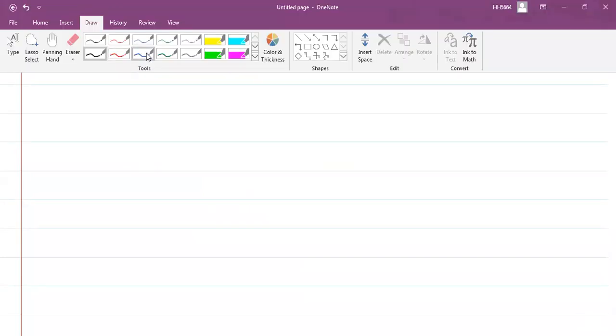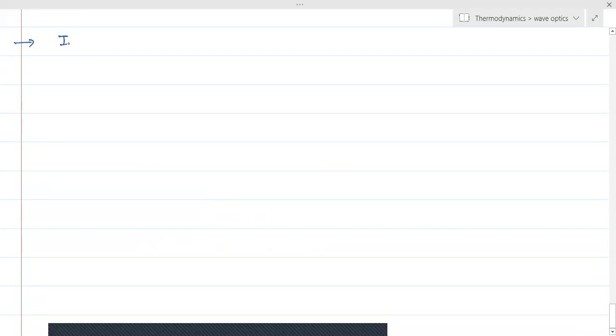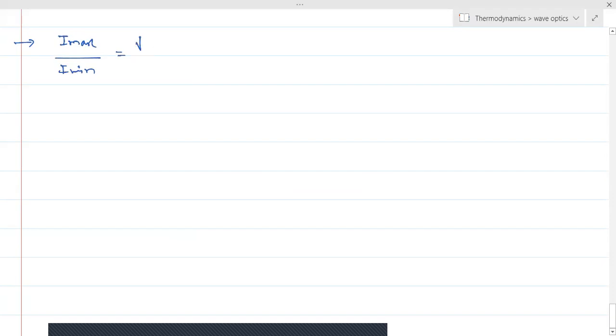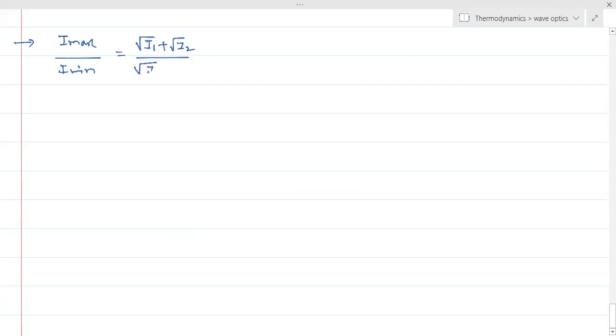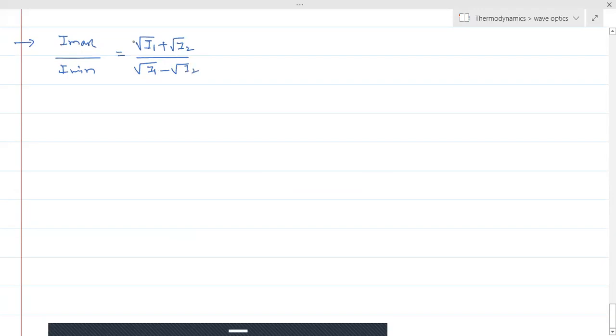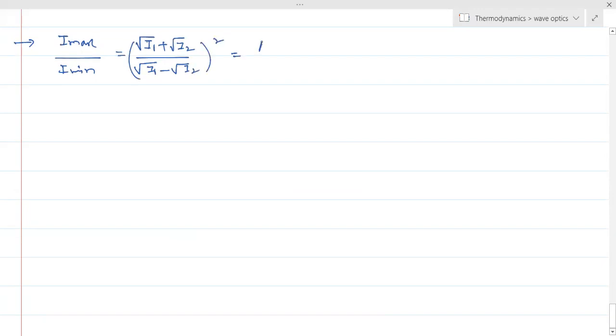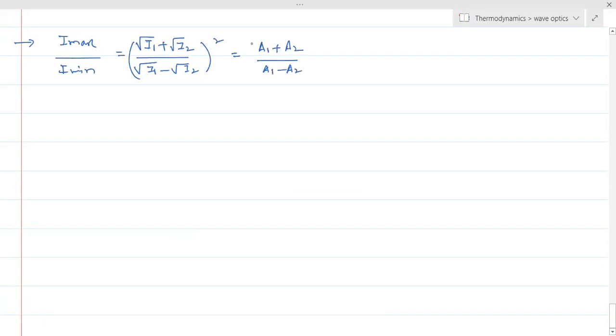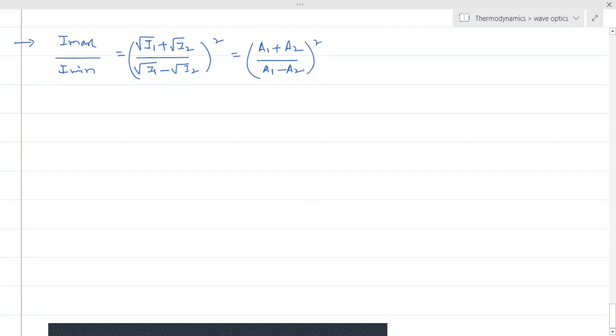In YDSE, or superposition as we call it, we have a very famous question: the ratio between maximum intensity and minimum intensity. This is very, very important. I maximum by I minimum equals root I1 plus root I2 by root I1 minus root I2, whole square, that is equivalent to (A1 plus A2) by (A1 minus A2), whole square.